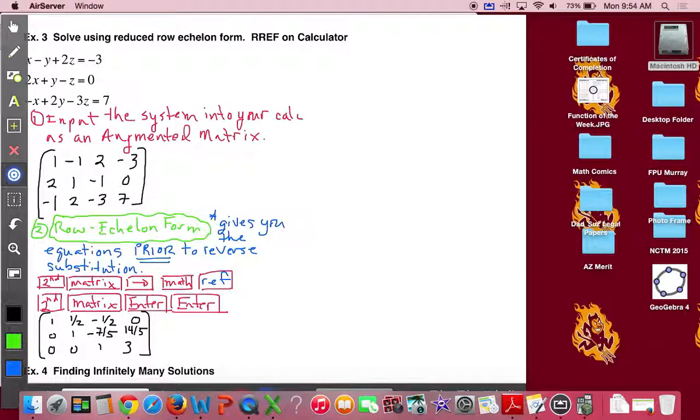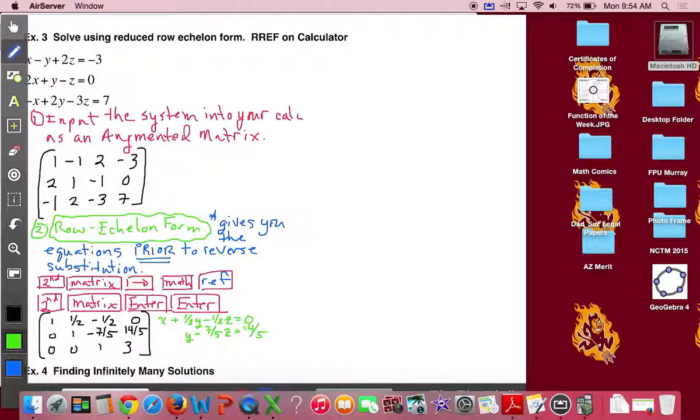And so from here, we can take out each of these rows and write them as their actual equation. So for the first row, we have 1x plus 1/2 y minus 1/2 z equals 0. We have no x on the second row, but we have y minus 7/5 z equals 14/5.